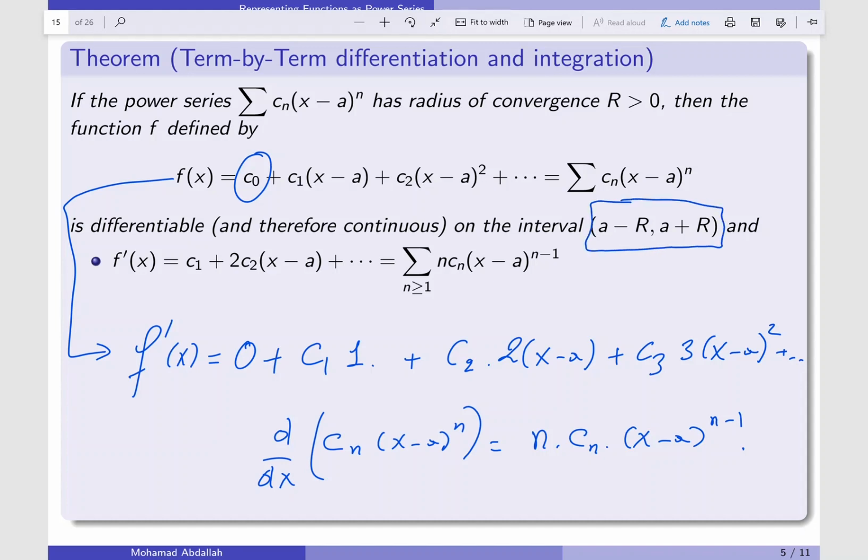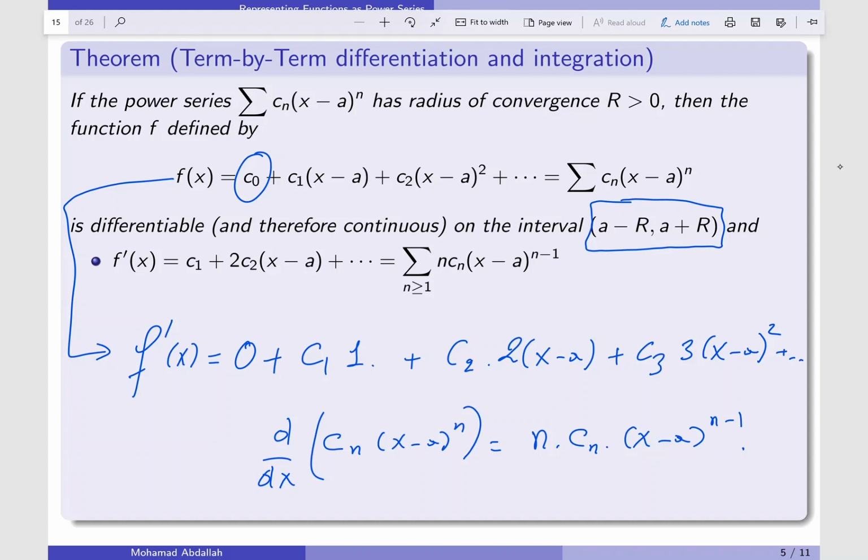So you will see now in this theorem that the interval of convergence of f prime or of f double prime or any derivative of f or higher order derivative of f and any integral, antiderivative of f, is going to have the same radius of convergence, but the interval can differ at the endpoints.